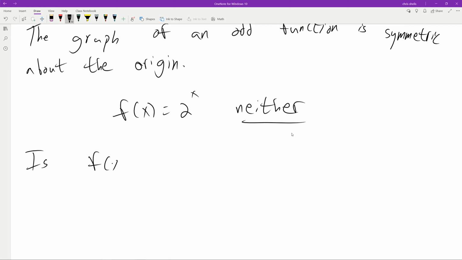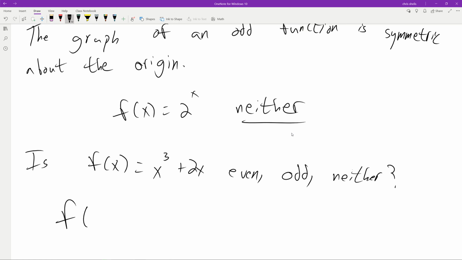Is the function f of x equals x cubed plus 2x even, odd, or neither? Without even looking at the graph, we can determine this by plugging in negative x for x here.